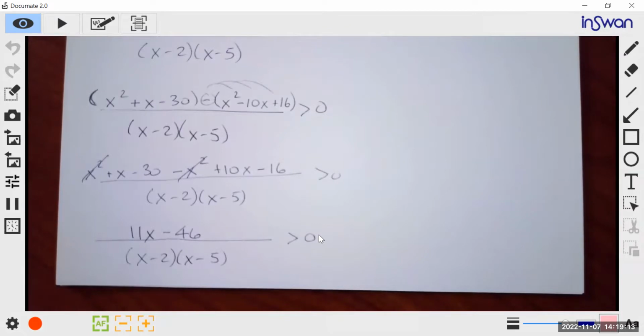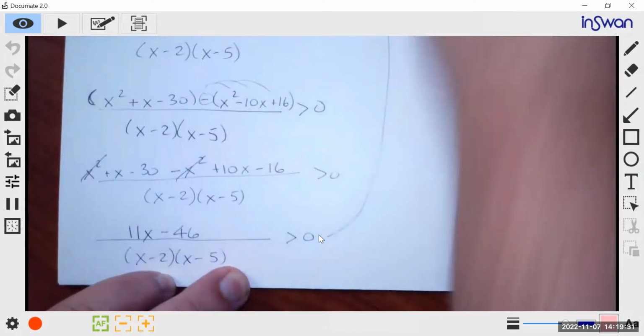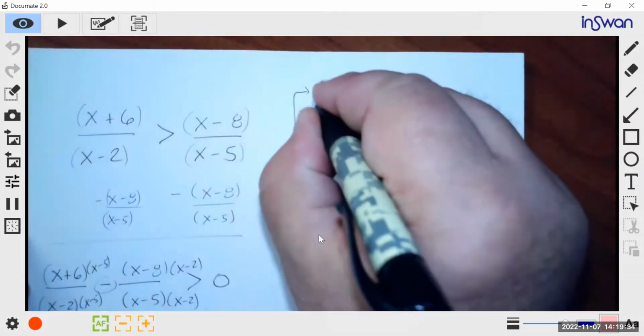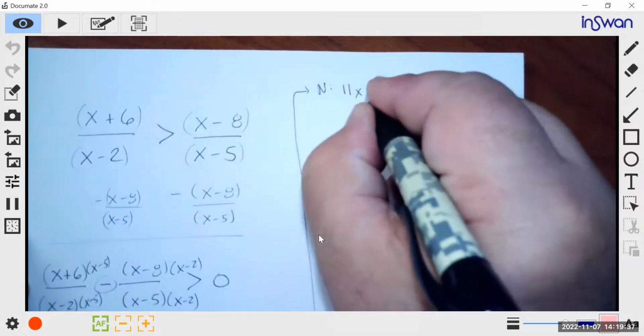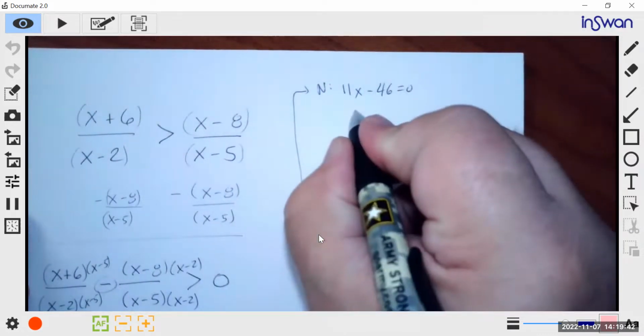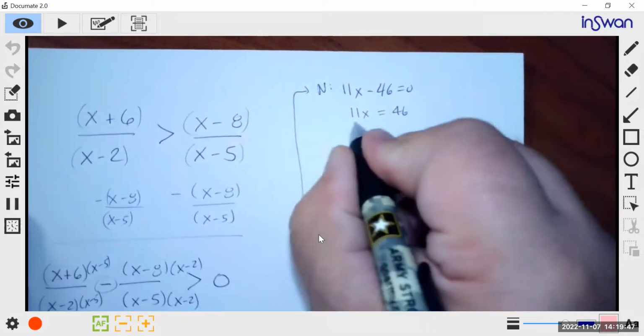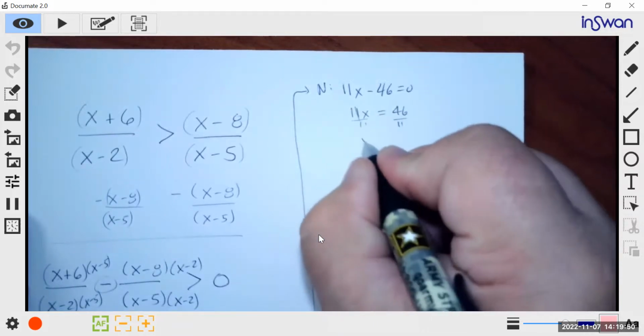Now what do I do? I've taken top and bottom, set them equal to 0. So I have the numerator, 11x minus 46, set that equal to 0. So 11x equals 46, divided by 11.